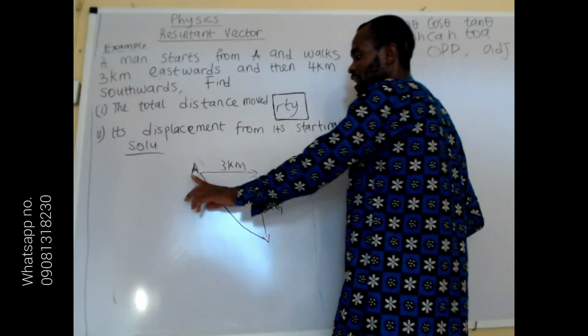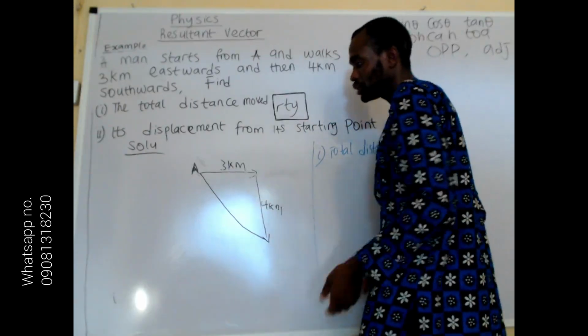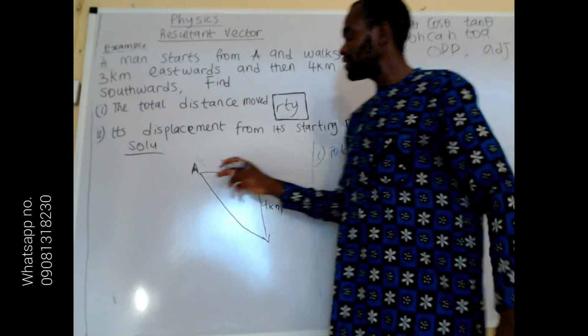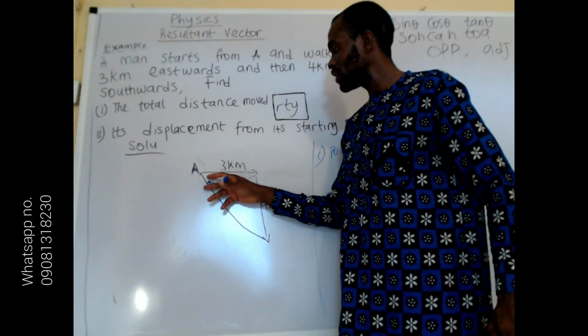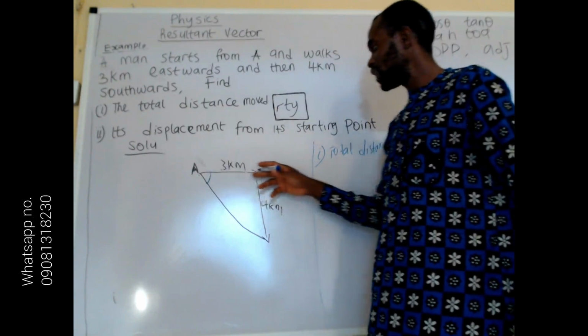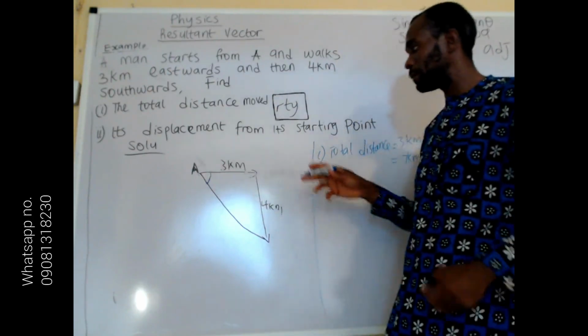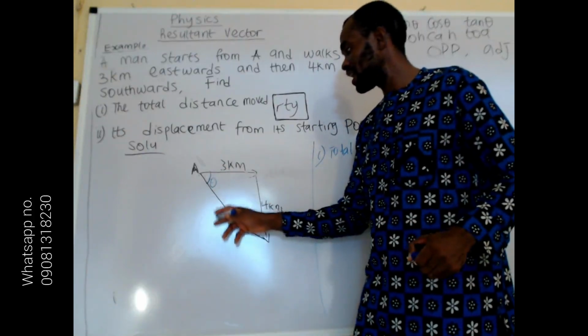So we need to find what? Magnitude and direction. The direction will be from where this vector touches the vector on the horizontal plane. So it is theta.